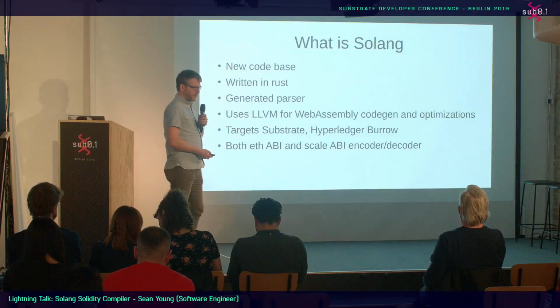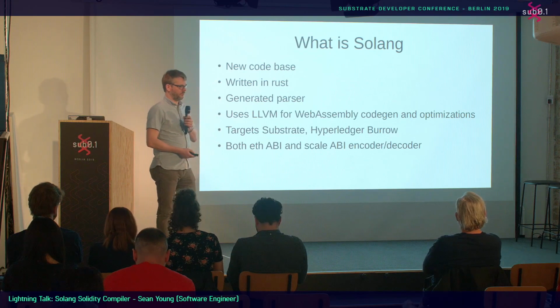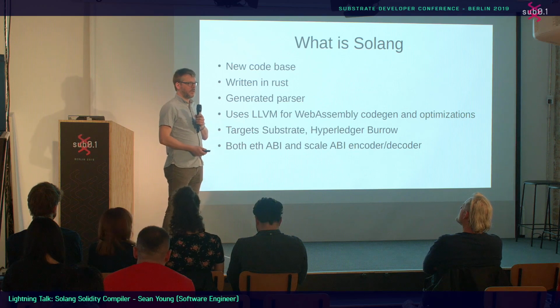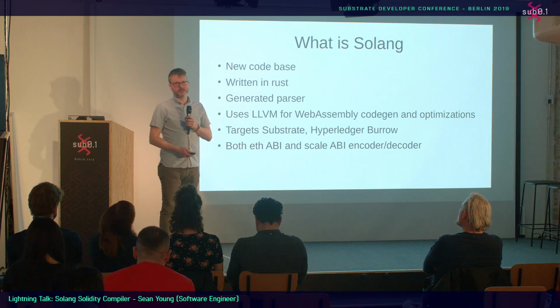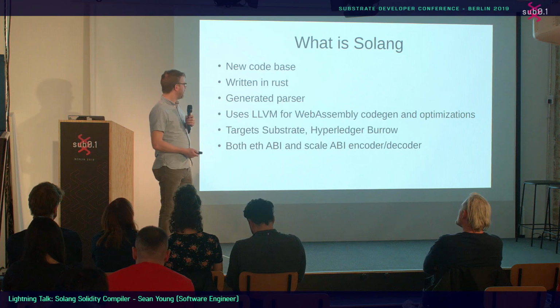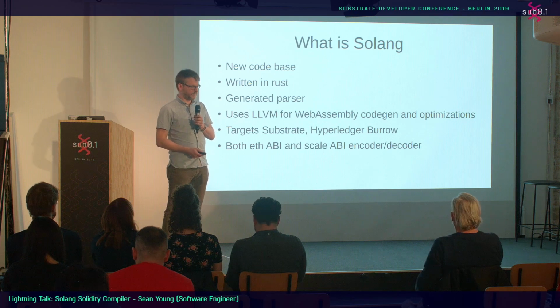So with Solang, what I decided to do was start a new code base and write it in Rust, generate the parser from LALRPOP, and use LLVM for optimizations and code gen.